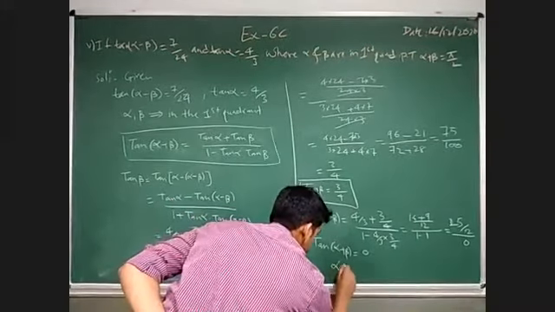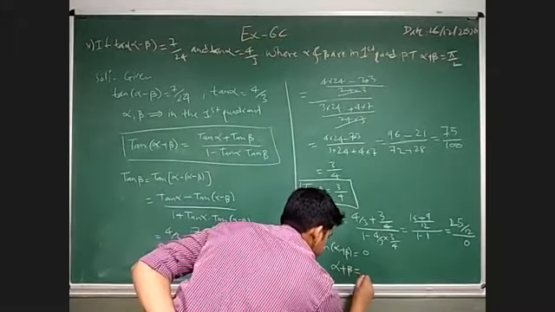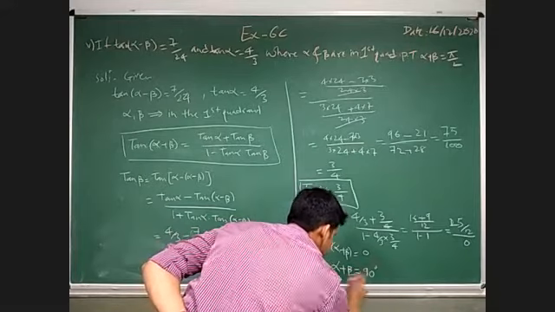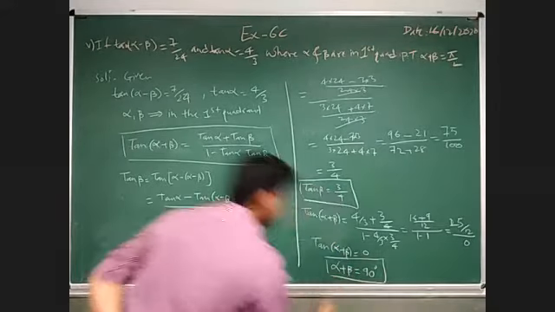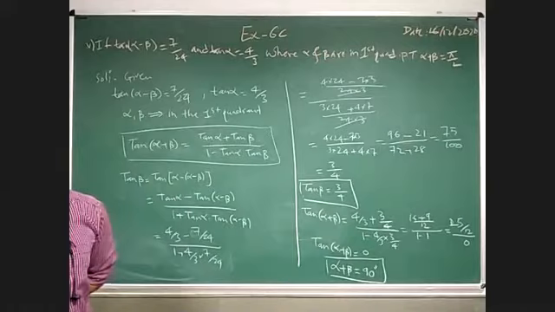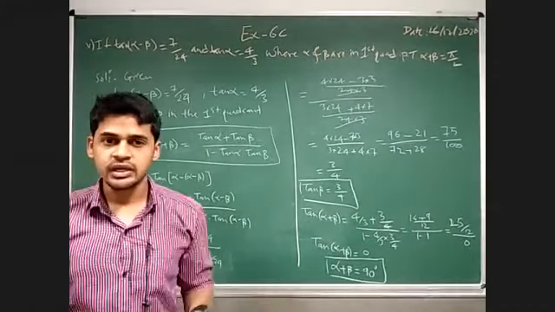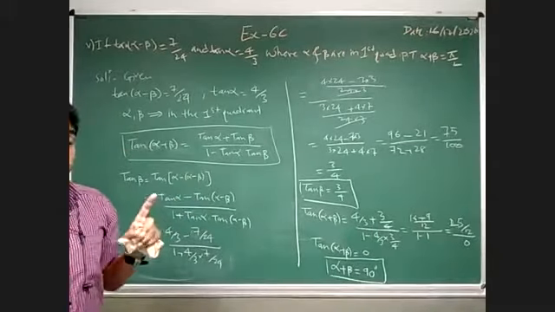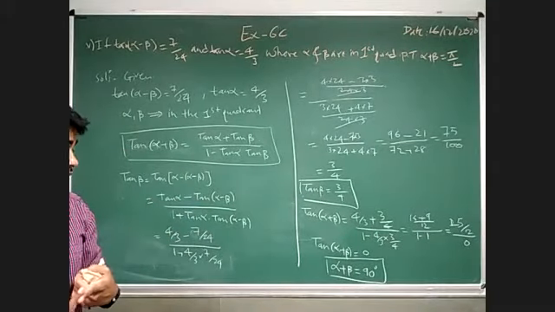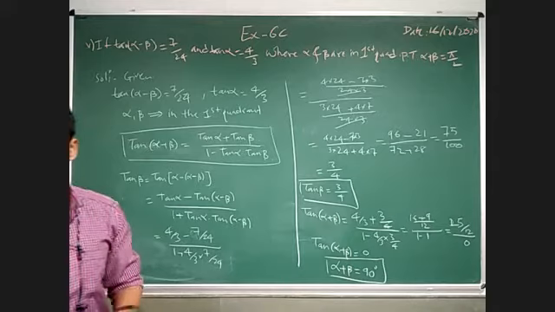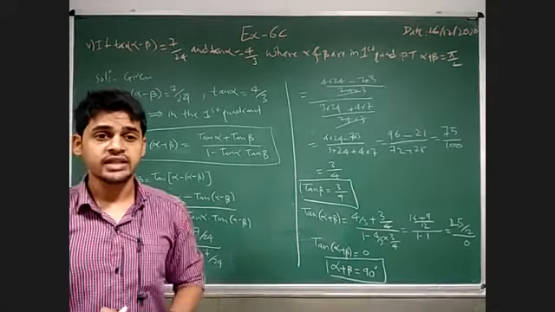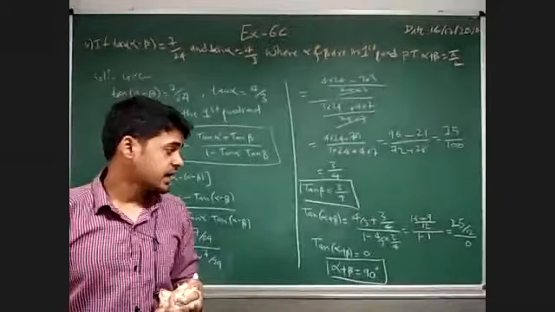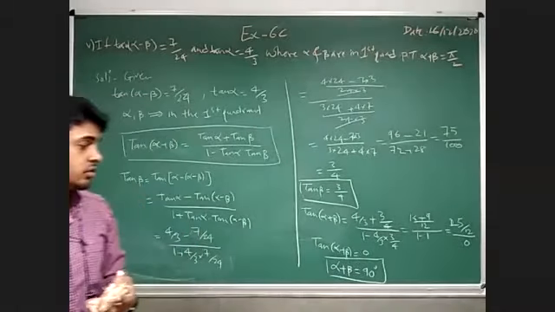So alpha plus beta is equal to 90 degrees. Like you have studied in your previous class: tan 0, tan 30, tan 45, tan 60, tan 90.